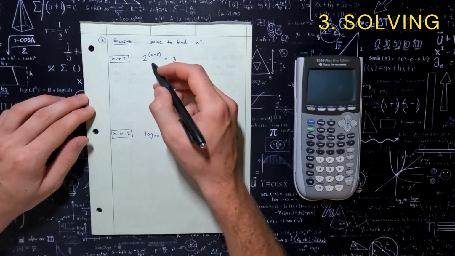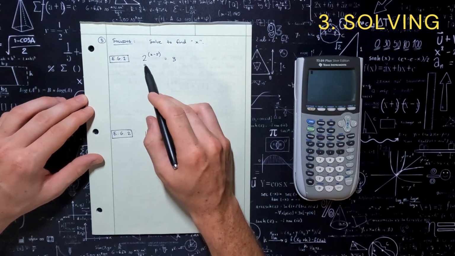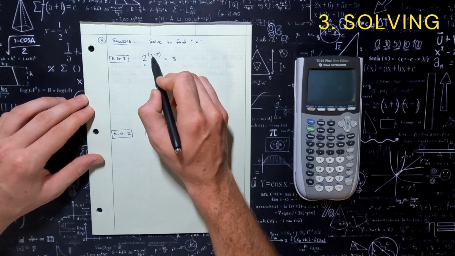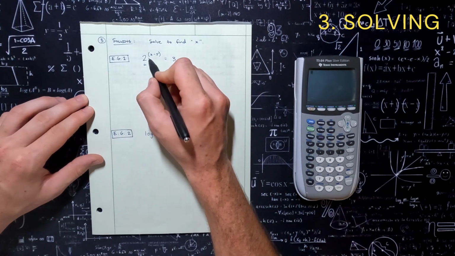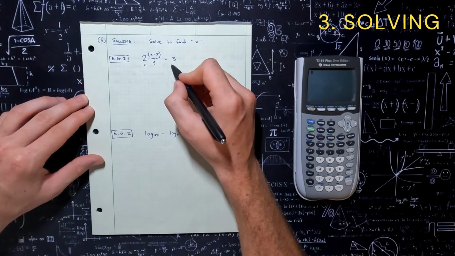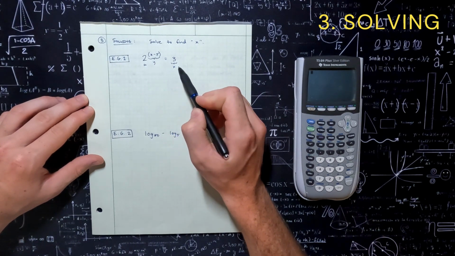So we're going to rewrite this. So we know 2 is our base, right? Because we have a base to a certain power, which this time we have a variable, x minus 5. That's our y, right? And then you have your argument over here, your 3. Because we have a base, a to the y equals our x, right?